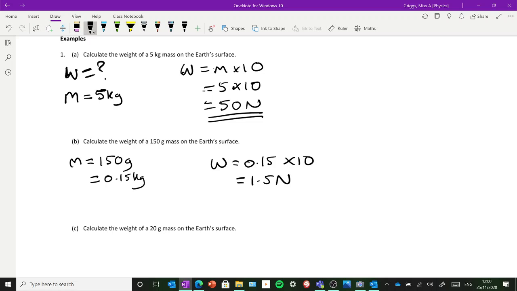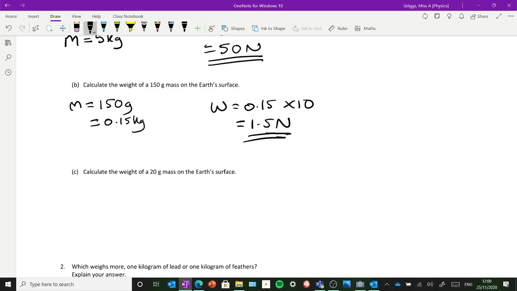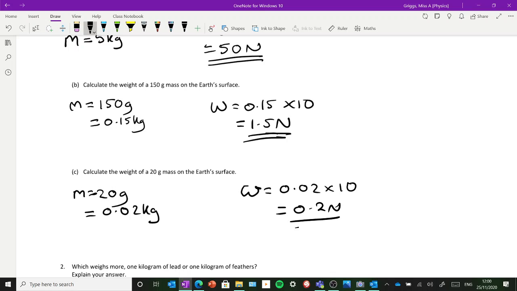Everyone get that one? Good. Okay. And calculate the weight of 20 gram mass. So the mass is 20 grams. So 0.02 kilograms. So weight is 0.02 times by 10, which is 0.2 newtons. Everyone got that?